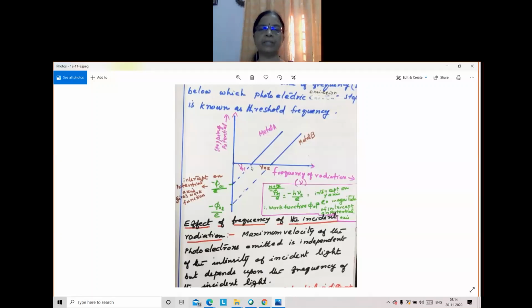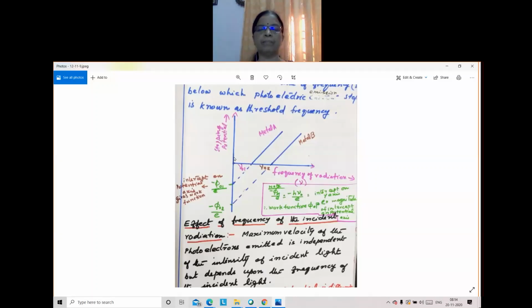How will you explain this graph? You can see for metal A, the stopping potential is required only after a certain frequency. What is the meaning of that? For this metal, there exists a minimum frequency, nu 01. Below that, there is no emission of electrons, so there is no need of stopping potential to stop them.